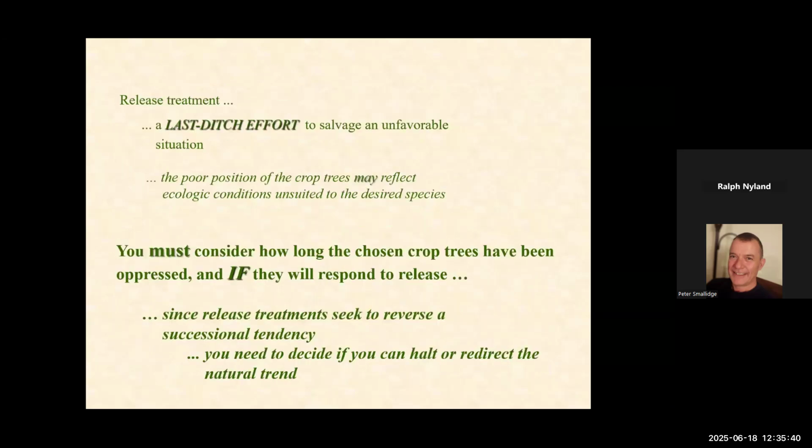Also, you must consider how long the chosen crop trees have been oppressed and if they will respond to release, if in fact they are suppressed rather than oppressed. Since release treatments will seek to reverse a successional tendency, you need to decide if you can hold or redirect that trend.